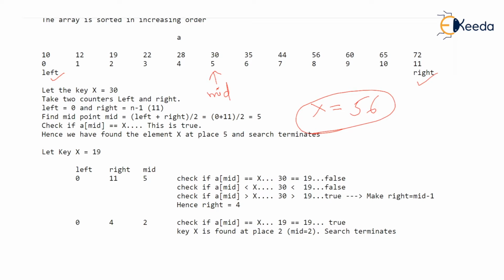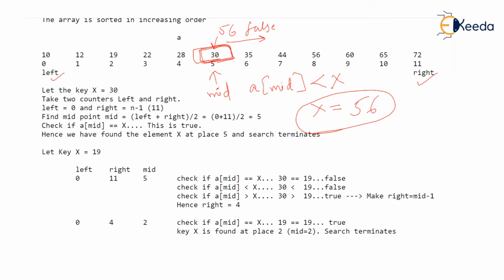So if the midpoint is not storing 56, where can 56 be? Come on, 56 must be to the right, because the key stored at the midpoint is less than 56. If A of mid is less than X, then the value stored at mid is less than the key that we are searching. So the key is larger, the key must be to the right of mid.